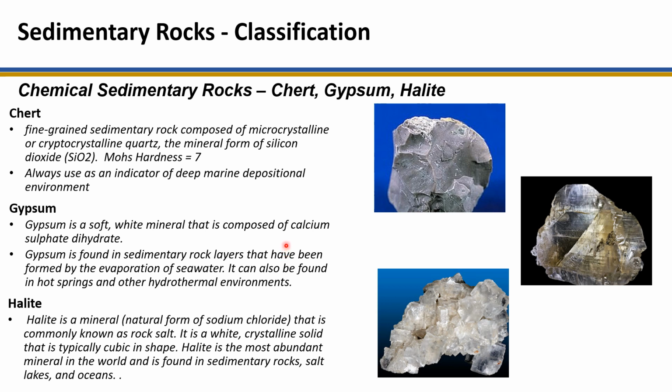When radiolaria die, their skeletons sink to the bottom of the oceans and accumulate. Over time, these skeletons can form layers of chert. Chert is typically found in deep marine environments, below 4,000 meters. Remember, below 4,000 meters, calcium or calcite will be dissolved.